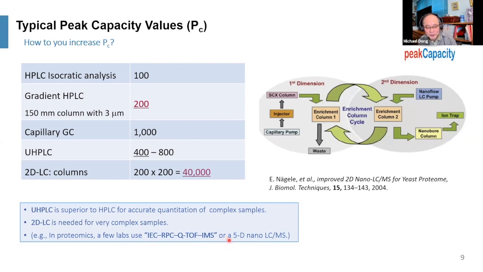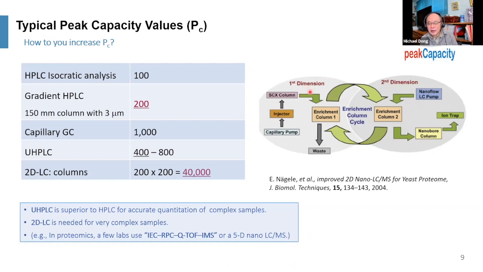So this is a 5-dimensional nano HPLC plus mass spec. Mass spec is actually a separation technique. It separates by mass-to-charge ratio. And you can do it very quickly, in milliseconds, right? It's much quicker than any HPLC. However, you need a high vacuum. It's not perfect. So you still need a separation before that for very complex samples.